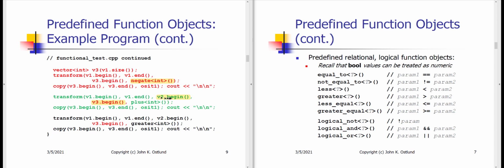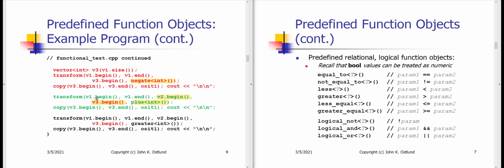And the output, the binary combination of those elements, will be stored into this output container, v3 in this case. And the particular functional that I'm using here is plus.